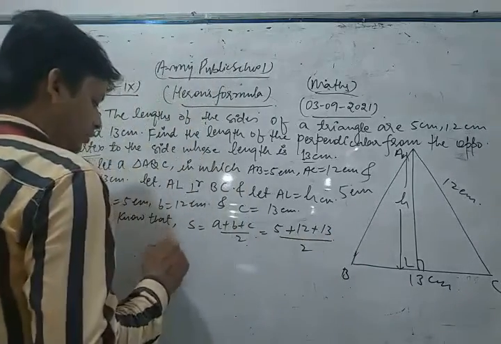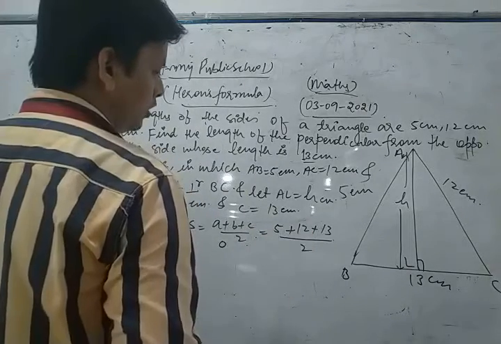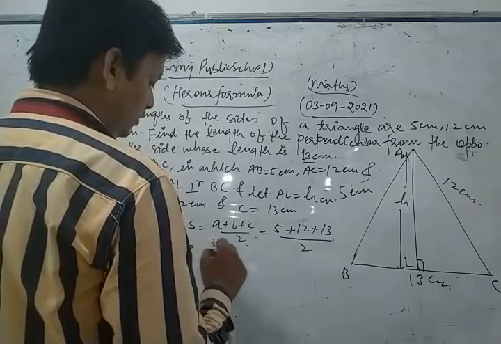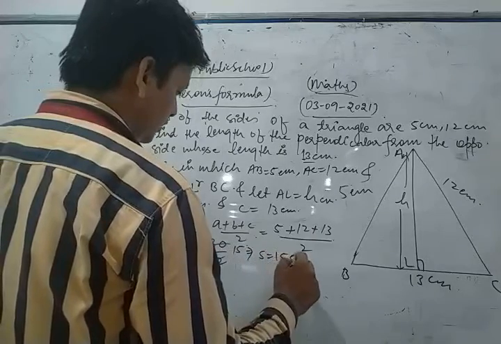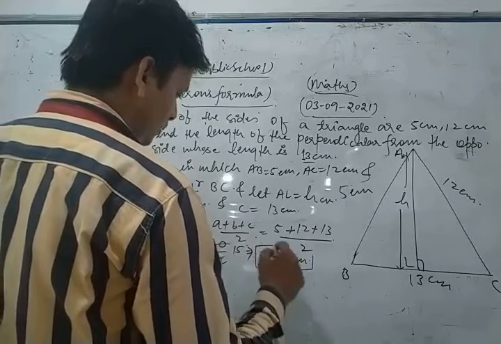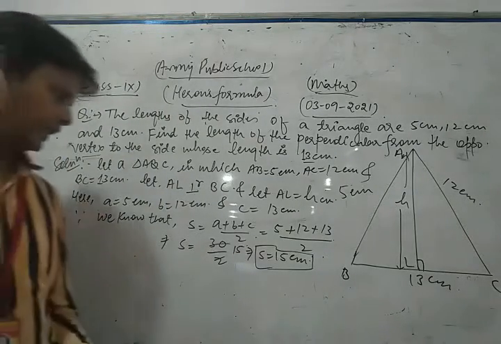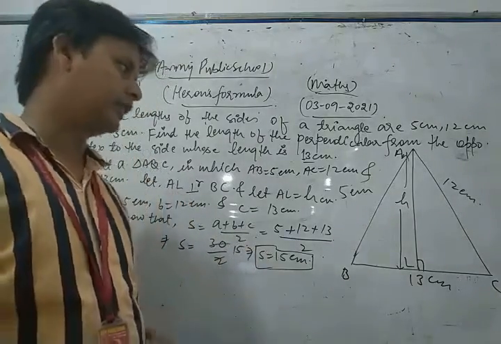Now we simplify. s is equal to 30 upon 2, that is 15. So the value of s is 15 centimeter. In this way, first of all we find the semi-perimeter of triangle ABC.